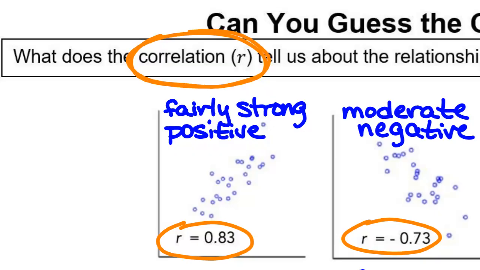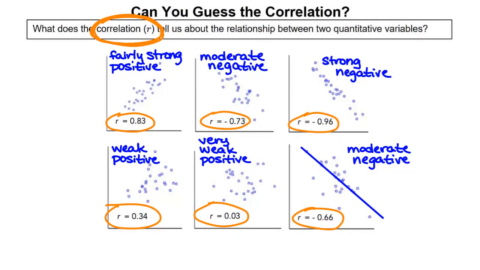Up here at the top, it says, what does the correlation R tell us about the relationship between two quantitative variables? So now that we've described the strength and the direction of all of these, I want you to look at their R values and answer question number 1 on your page. Look at the R values, look at how we described them, and tell me what you think that correlation R is measuring. Write it down on your page first.